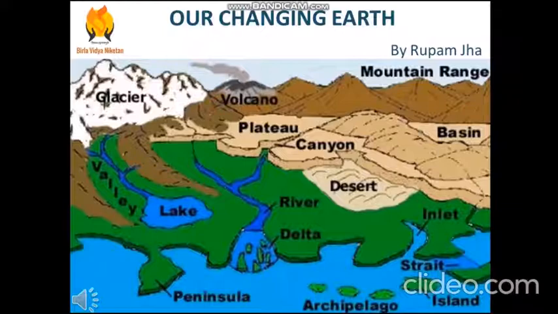When they act on sea waves, then sea caves, sea arches, sea cliffs are formed. Similarly, glacial moraine, sand dunes and mushroom rocks are formed.